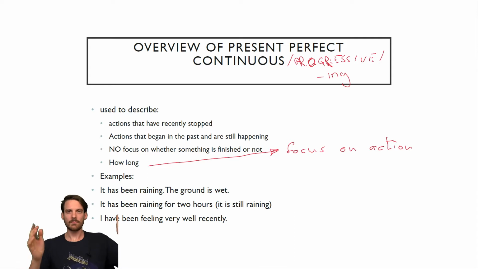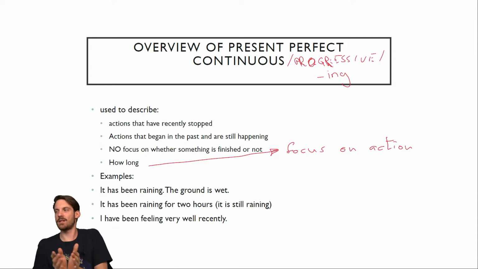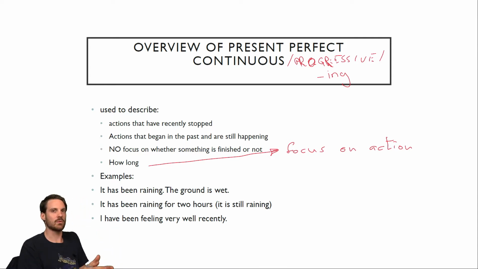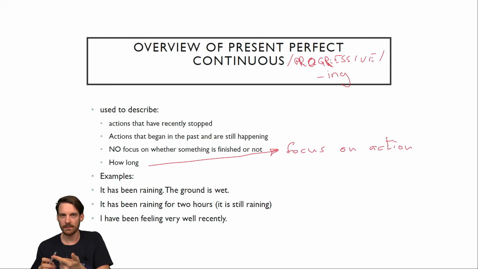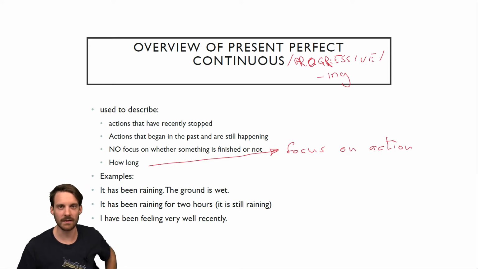So try to best differentiate between those two aspects: either action or result. The result is with the present perfect simple, and the action is with the present perfect continuous.